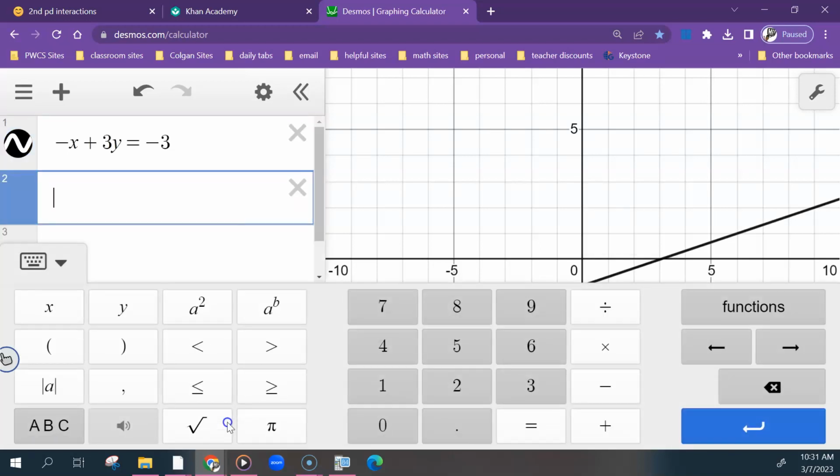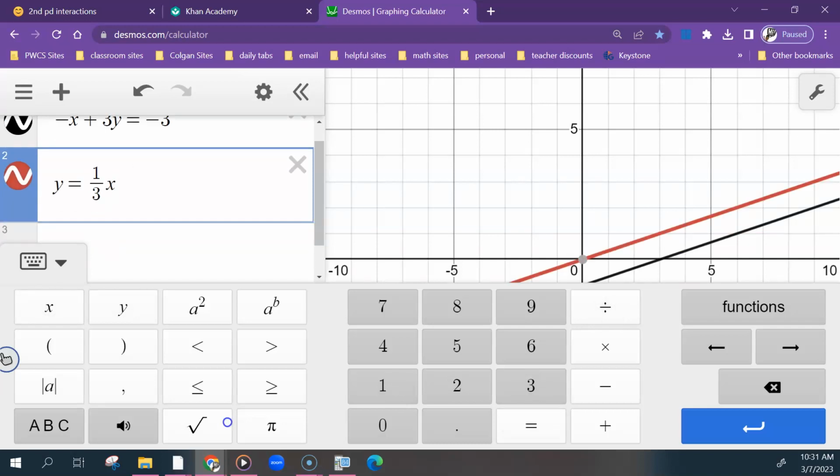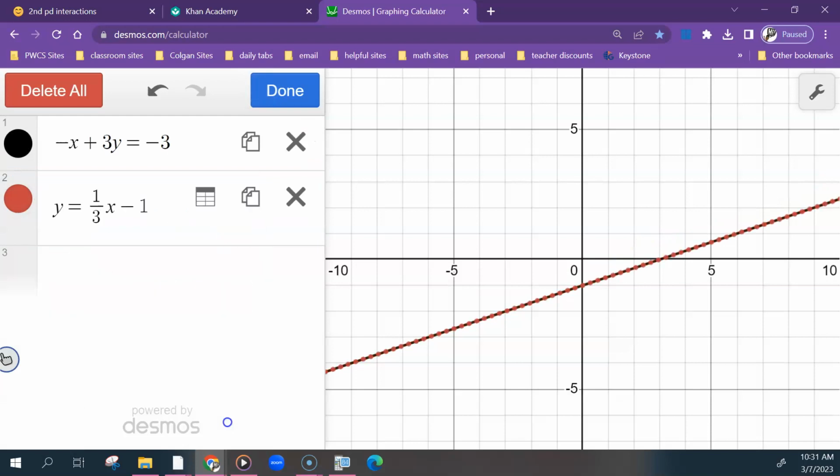So the equation of this line should be y equals 1/3x minus 1. And if they overlap, that is the case. So that would be your answer for number 3. Questions on those two so far?